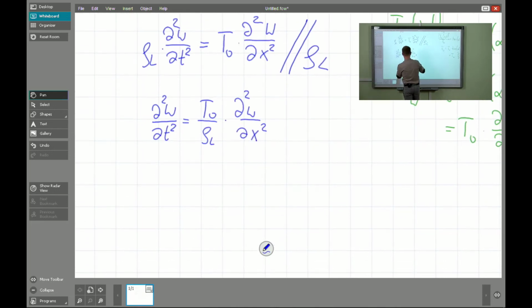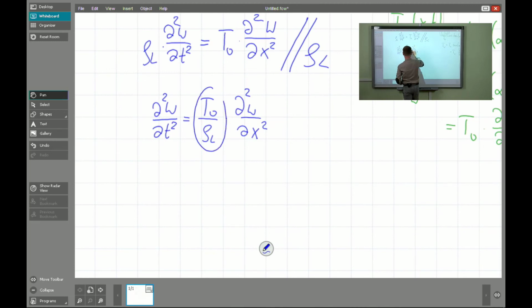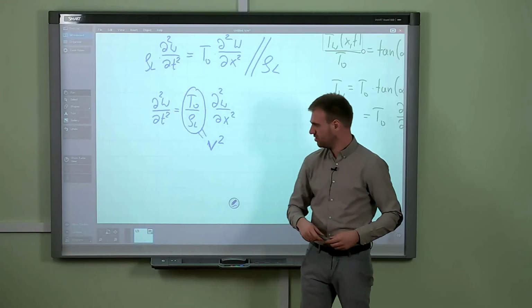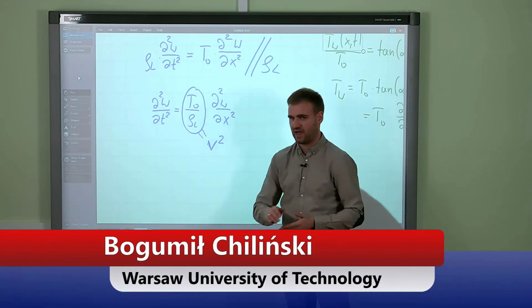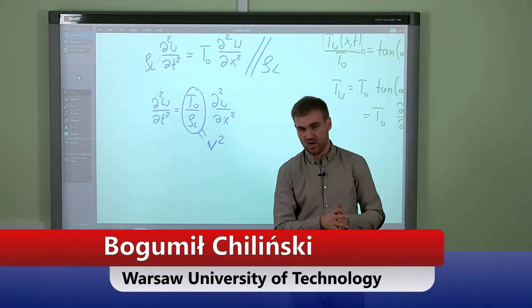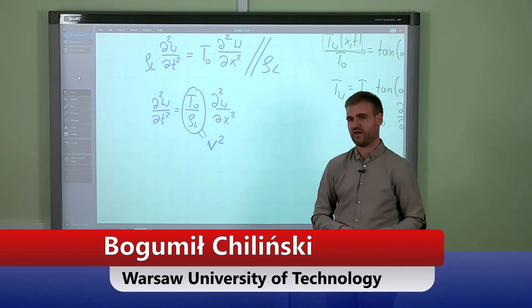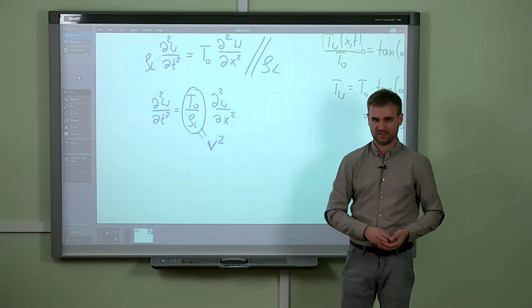And that coefficient is sometimes called the square of the velocity of the wave. Okay, as you see, it isn't especially complicated to find the governing equation of a continuous system. We have to deal only with a multivariable function. Thank you for attention and see you next time.